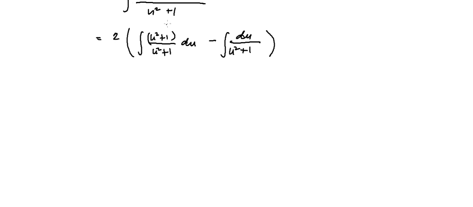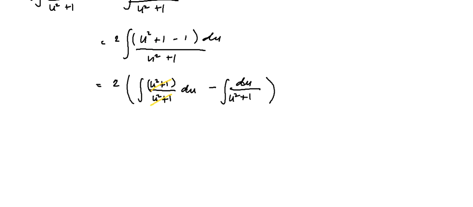And then from here we can now easily cancel this out. So we have 2 times the integral of du, so we have u, and then minus the integral of du over u squared plus 1.